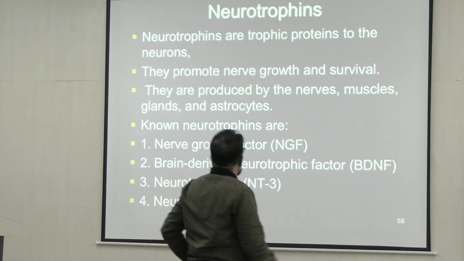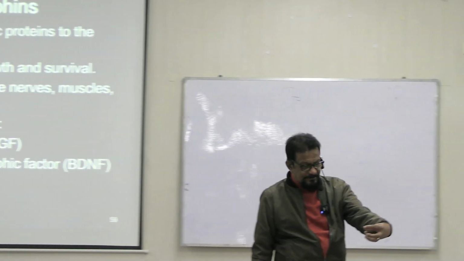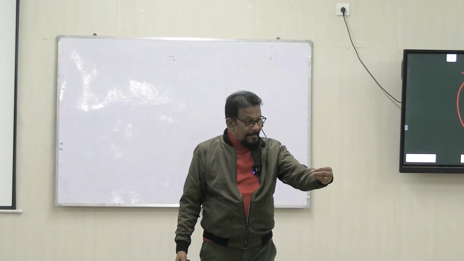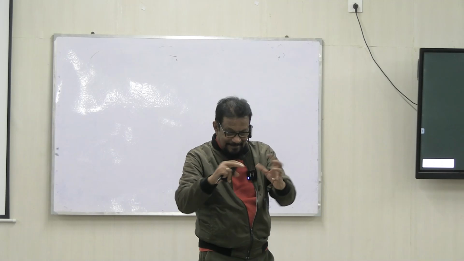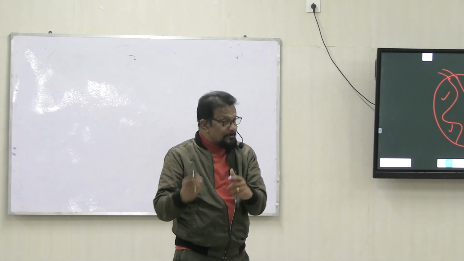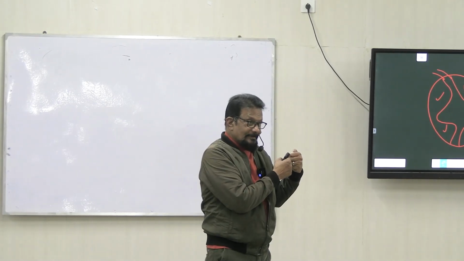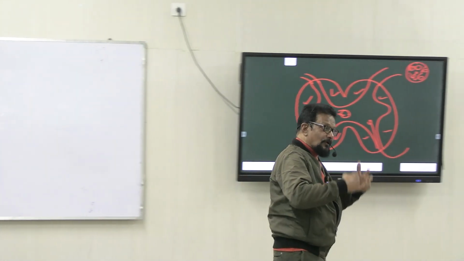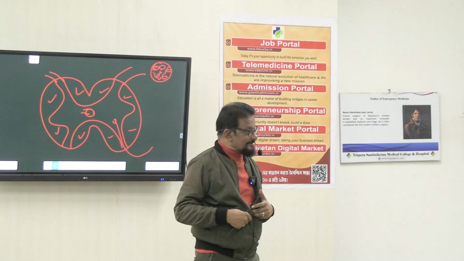Neurotrophins are trophic proteins to the neurons. It means these proteins are secreted from other sources, collected by the axon terminals of the neurons and absorbed. These substances are needed for their growth, maintenance and protection.